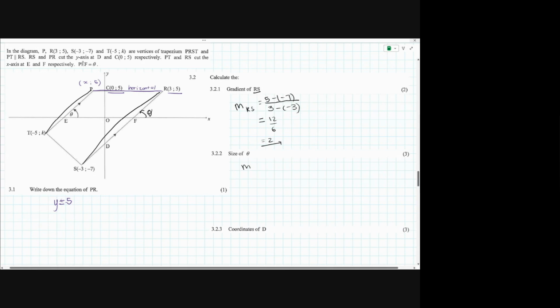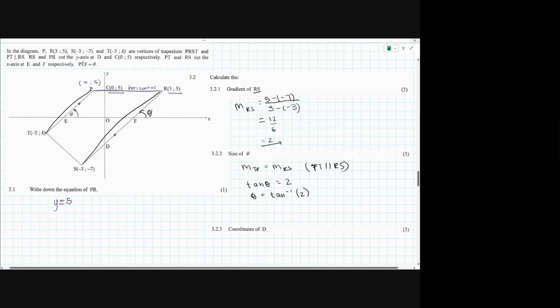So the gradient of TP is equal to the gradient of RS because we were told that PT is parallel to RS. And so we can say tan theta is equal to 2. So theta is equal to shift tan of 2. You don't really have to write that tan -1 thing. You can just write the answer.